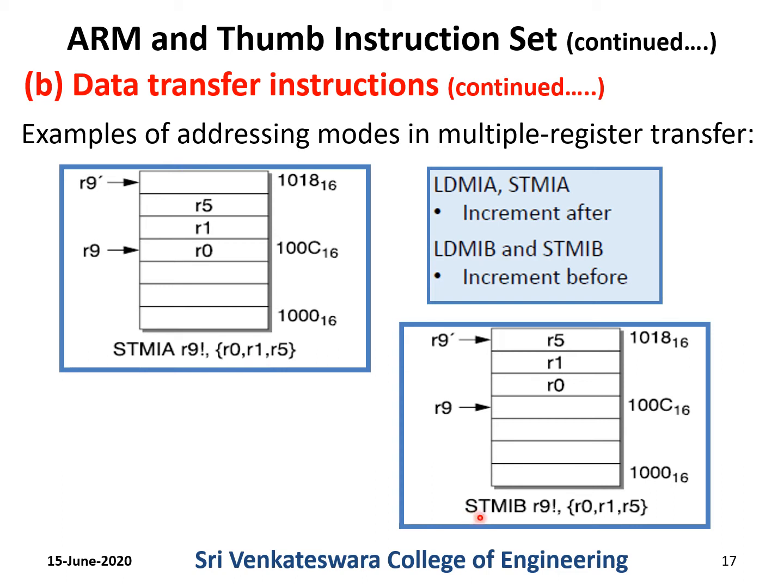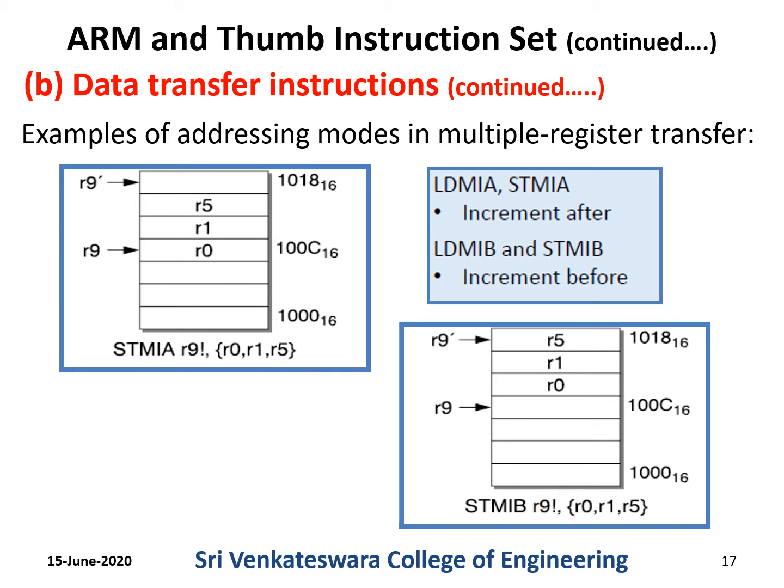Similarly, in STMIB, store multiple registers and increment before, the increment before is meant for the register which is holding the memory address. R9 has the memory address which is incremented first, then the data present in R0, R1, R5 are consecutively stored into the corresponding memory locations.